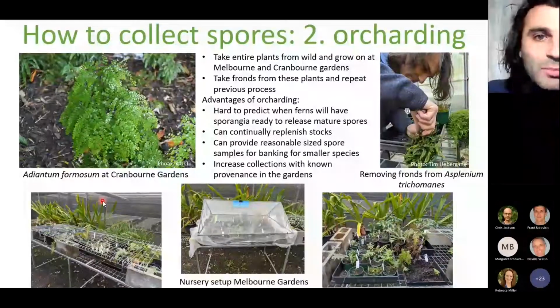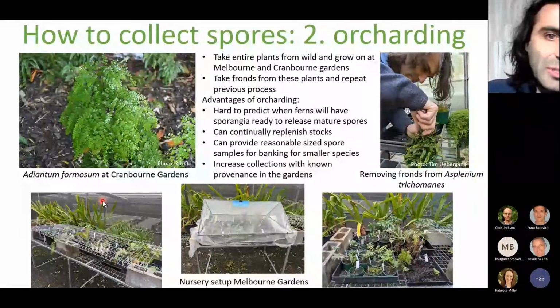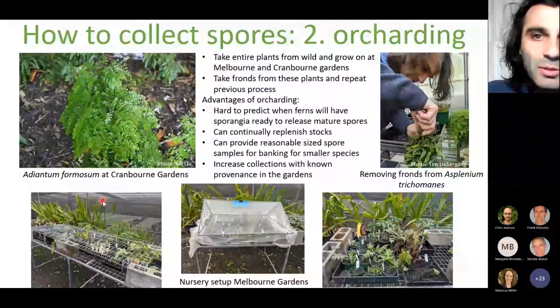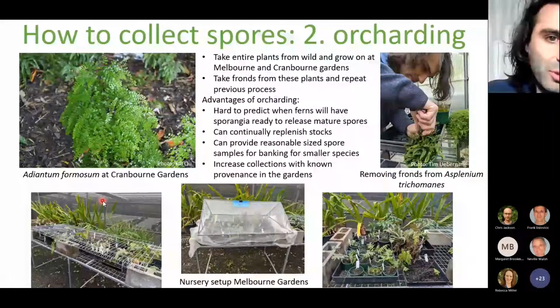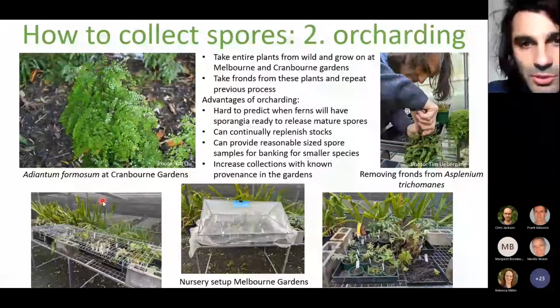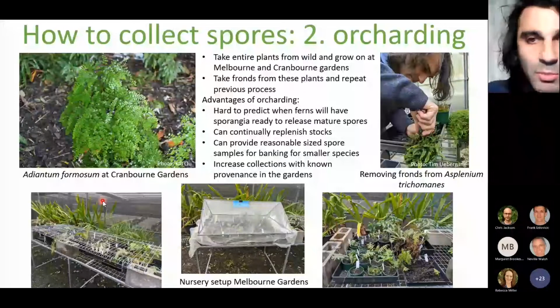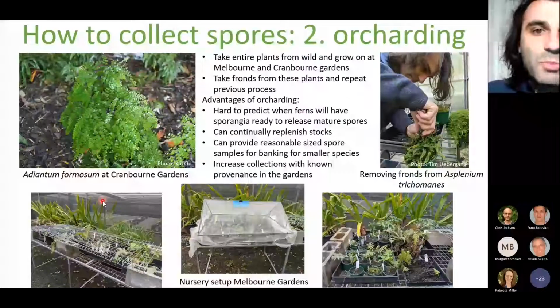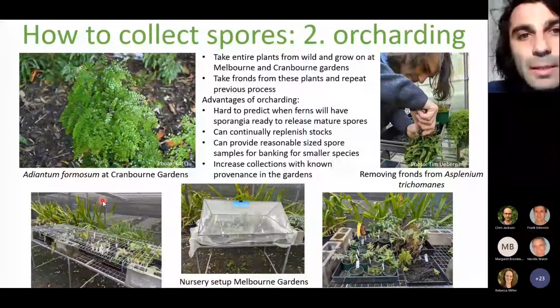And you grow those plants on until they produce fronds and then produce spores. And then when those fronds have spores, you can take those fronds and repeat the process that I had in the previous slide. So remove the frond from the cultivated material and then press it between newspaper and sheets of cardboard, and then wait for them to drop the spores onto that newspaper.